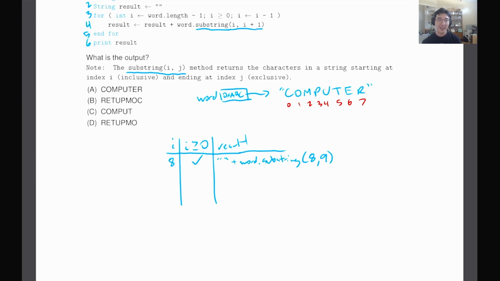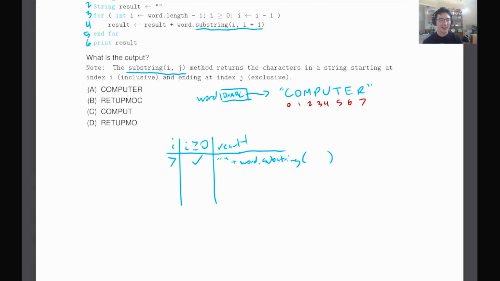Oh no, I made a mistake. Did any of you catch that? Well, i actually isn't 8. If I look up above on line 3, it says int i is word.length minus 1. So the length of the word is 8. I need to subtract 1, so it is now 7. Oops, silly me. Even teachers make mistakes.